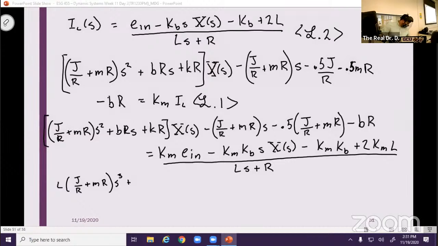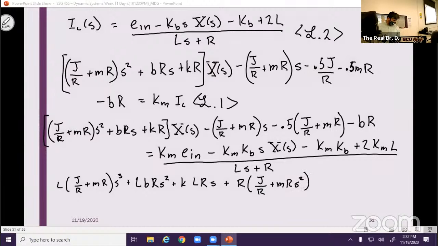So third plus LBR S squared plus KL R S plus R times J over R plus N S squared, E squared plus squared.